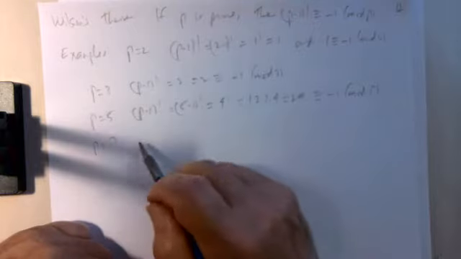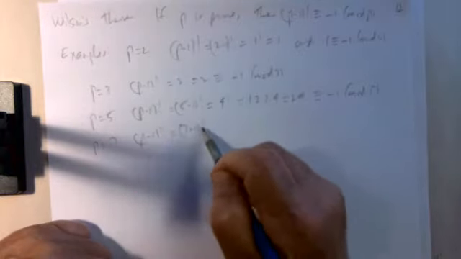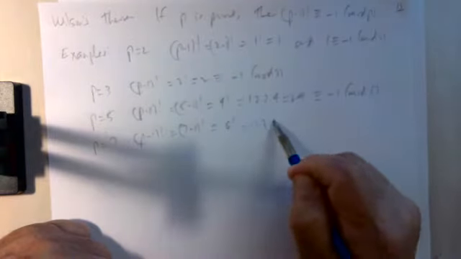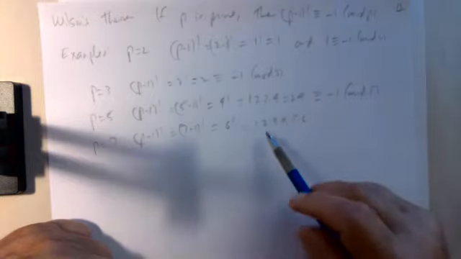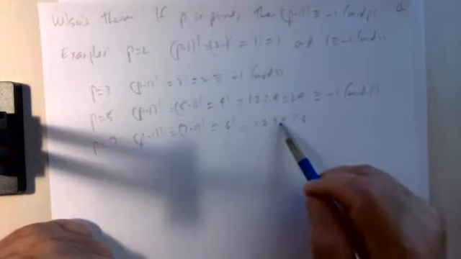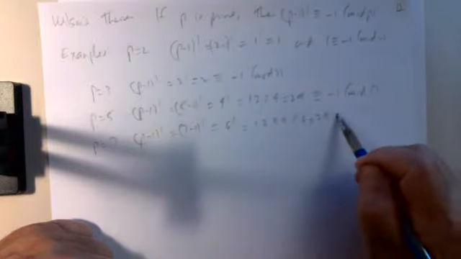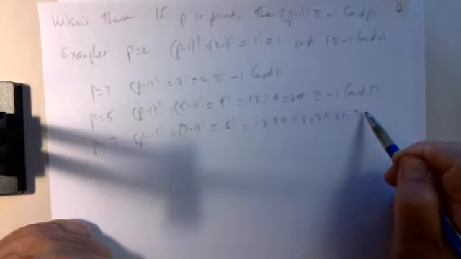What about if P is 7? P minus 1 factorial is 6 factorial. That's 1 times 2 times 3 times 4 times 5 times 6. Let's see. 1 times 2 times 3 times 4 is 24. 5 times 6 is 30. And 24 times 30 is 720.